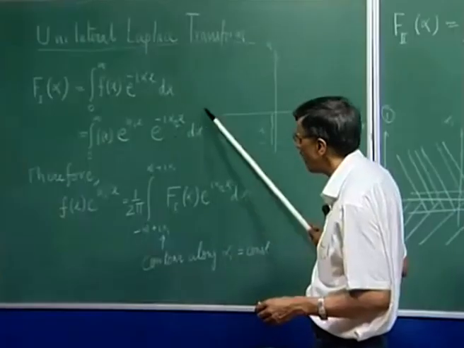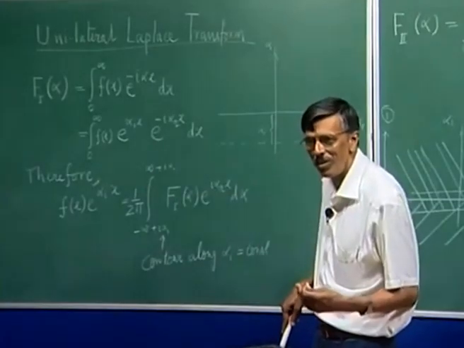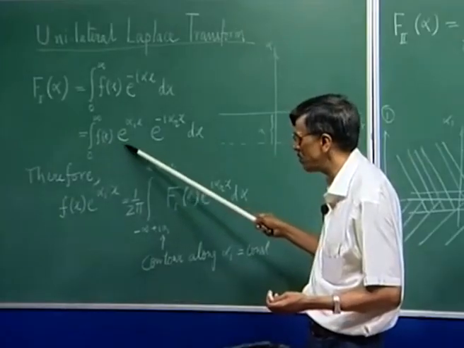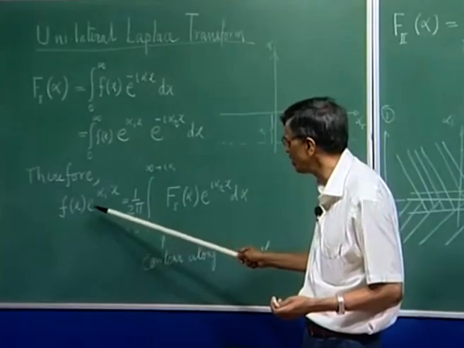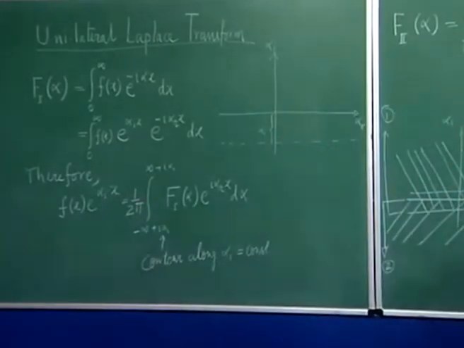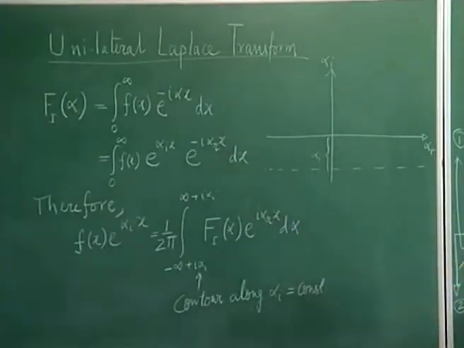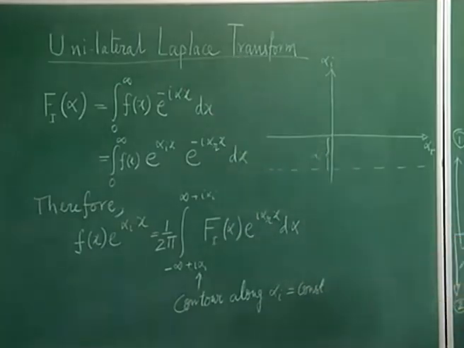Now, I can perform the inverse Fourier transform on which function now? This multiplied by this, that is what I have written here. F of x e to the power alpha x is given in terms of this quantity. So, now you can see this is your direct transform, this is your inverse transform. That is for your unilateral Laplace transform.